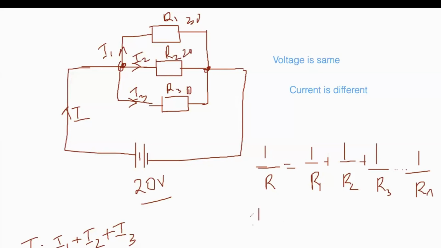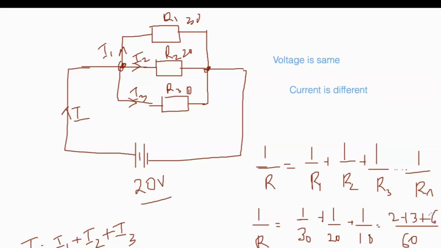So they're asking me to find the total resistance of this parallel combination. So 1 by R is equal to 1 by 30 plus 1 by 20 plus 1 by 10. Taking the LCM, the LCM is going to be 60. This is going to be 2, this is going to be 3, and this is going to be 6.